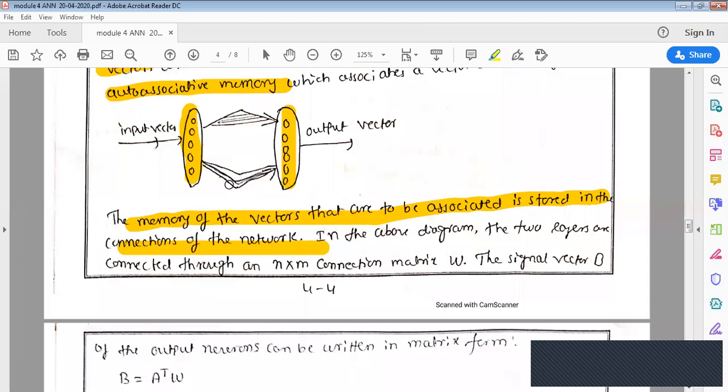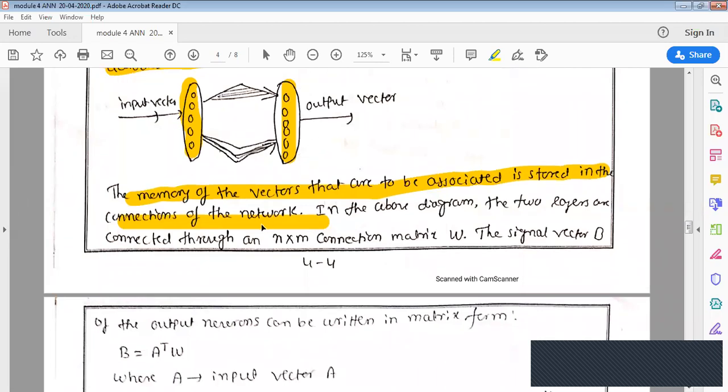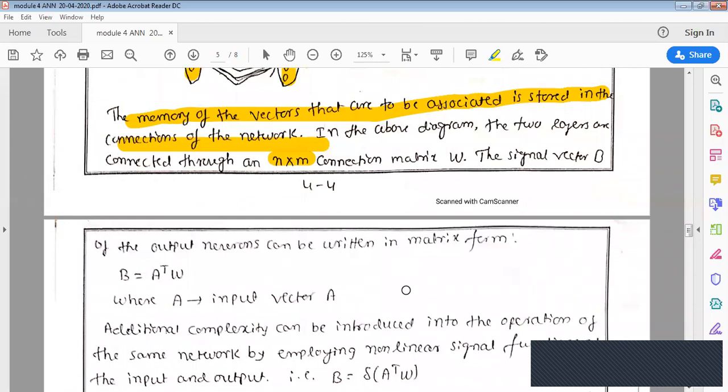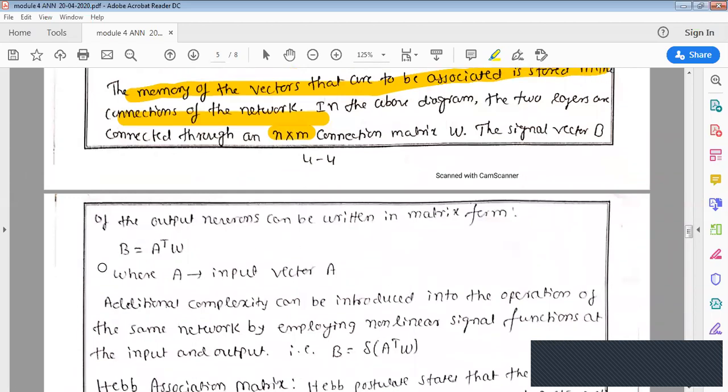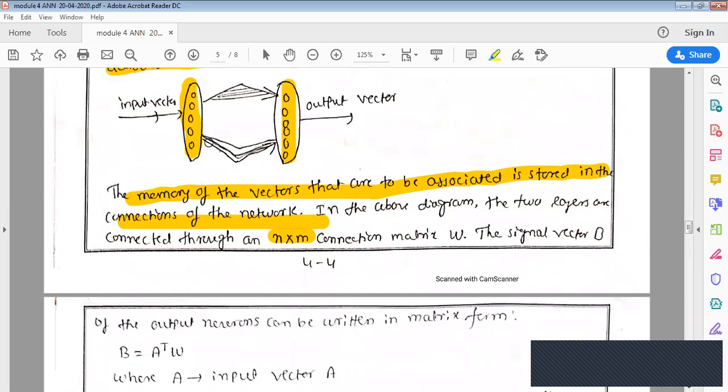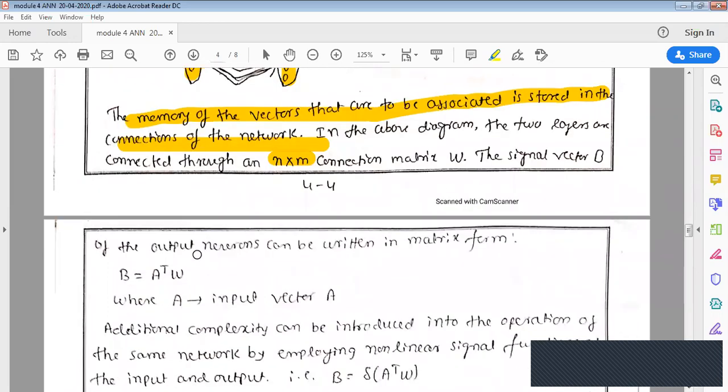Okay, so if there are n neurons here and m neurons at the output, that whole connection will result in an n cross m connection matrix. That is W, the total connection matrix, which will give you the weights. So B, the total output, is equal to A transpose into W. Why is A transpose taken?